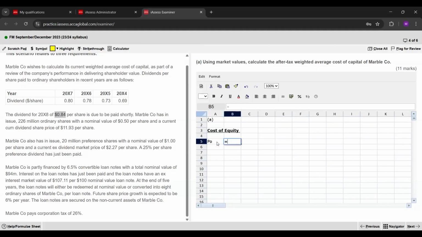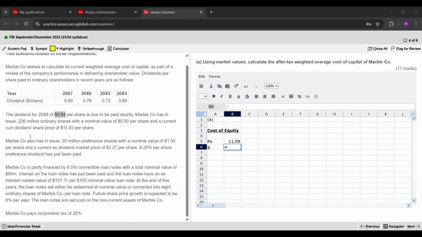P0 should be equal to the cumulative share price, given as 11.93. So cumulative price minus the dividend gives you the ex-rights price. Next, we need the growth. What is the growth? Here we are going to use the historic growth model.